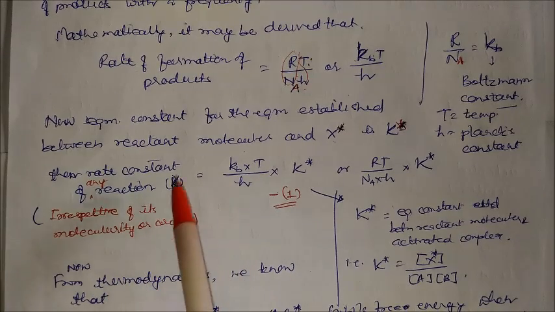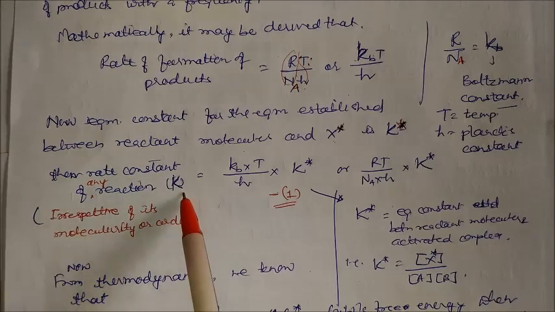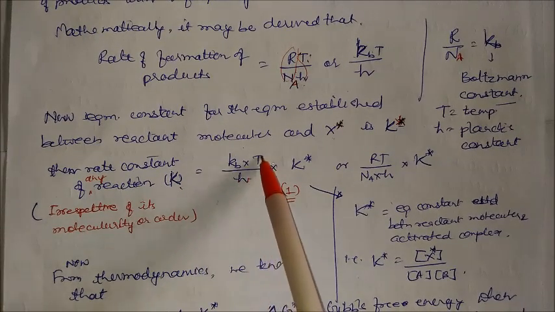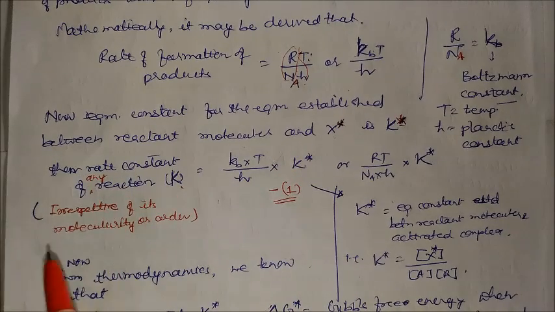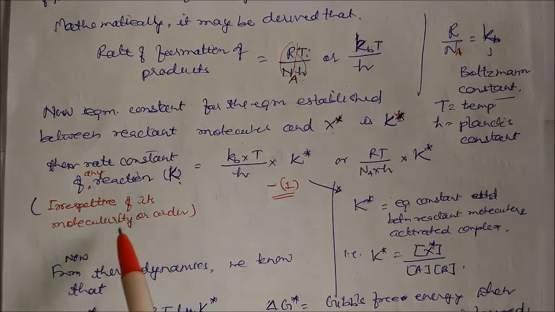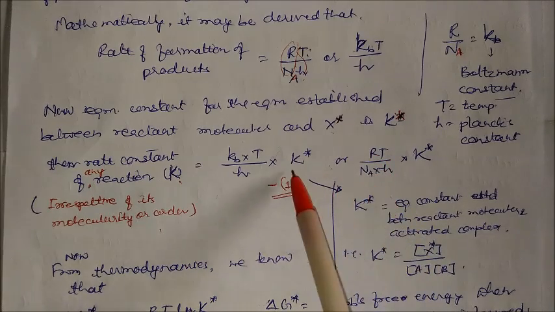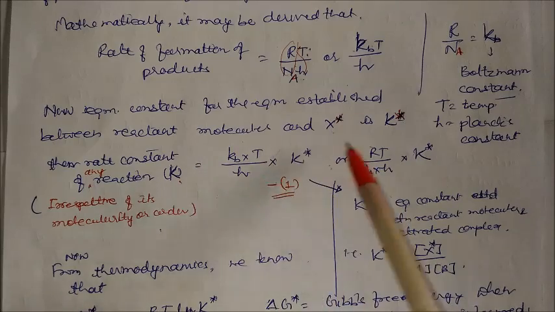So we can write the rate constant of the reaction k as Kb into T by h into K star. This is the rate constant of the reaction irrespective of its molecularity or order. Or if you take Kb as R by Na, the expressions are the same.